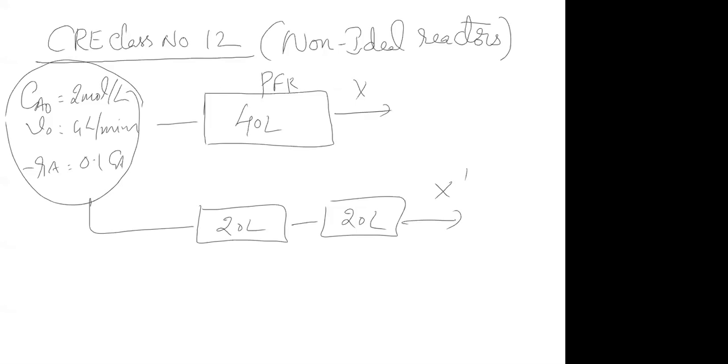So I'm just trying to explain that when you split the PFR, you will not get anything. So you have this data: CA at 2 mole per liter, V at 4 liters per minute, minus R equal to 0.1 CA is going to a PFR of 40 liters. What will be the conversion? Suppose if it is going to 20 liters followed by 20 liters, then what?